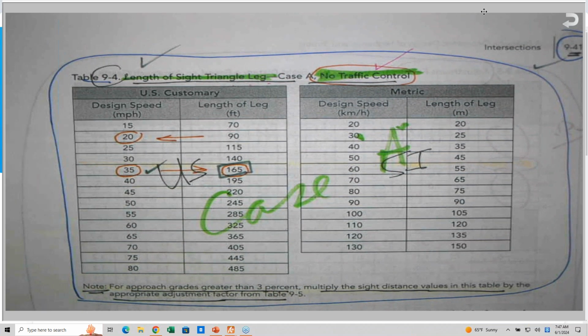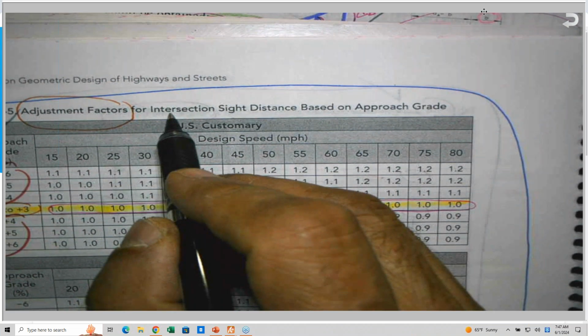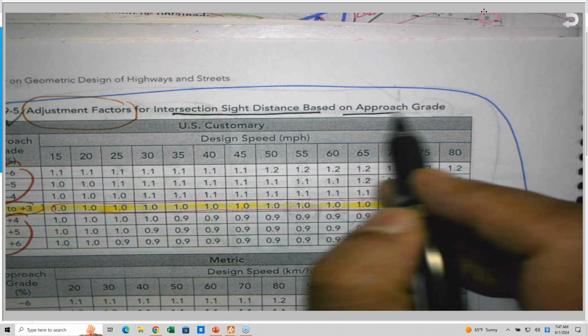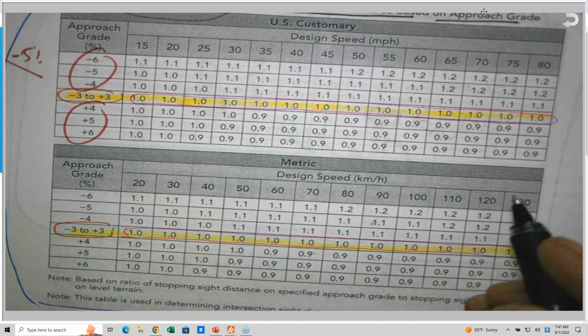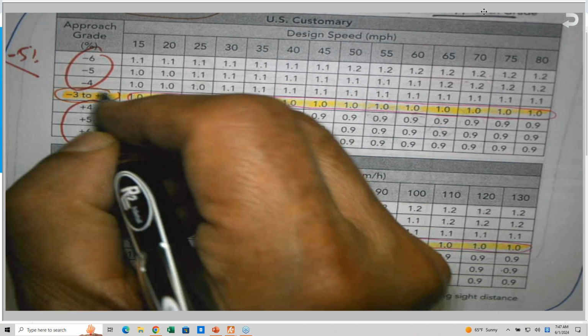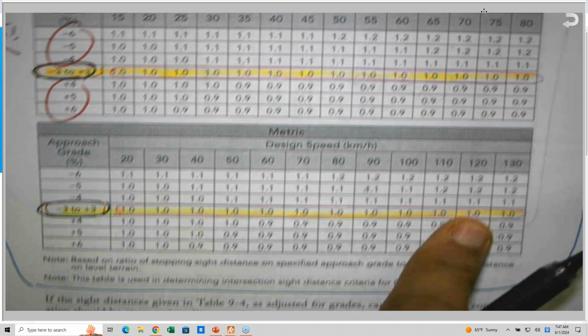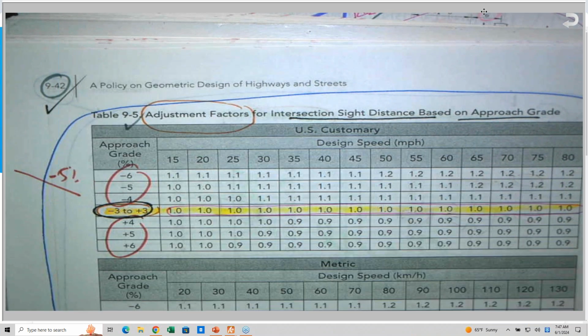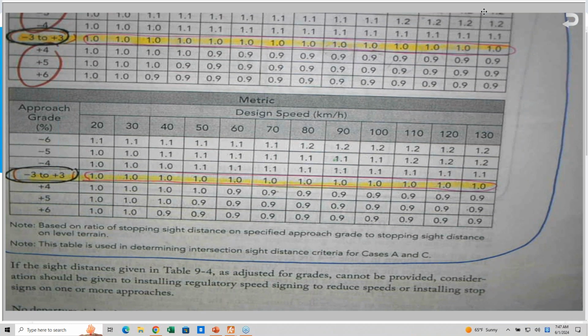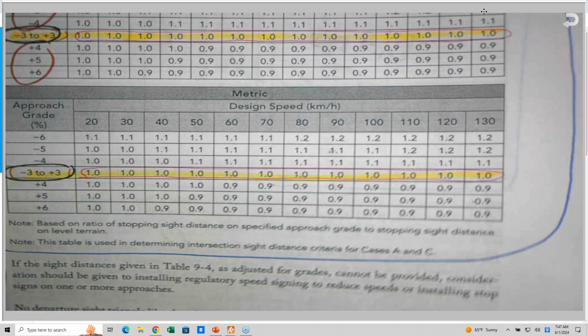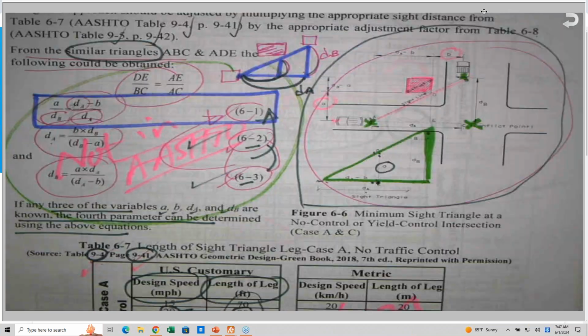There is another table on the back, the adjustment factor for intersection sight distance based on approach grade. They use 3 percent plus or minus as a reference or datum where the adjustment factor is 1. This is the original table, also on page 9-42, not 900.